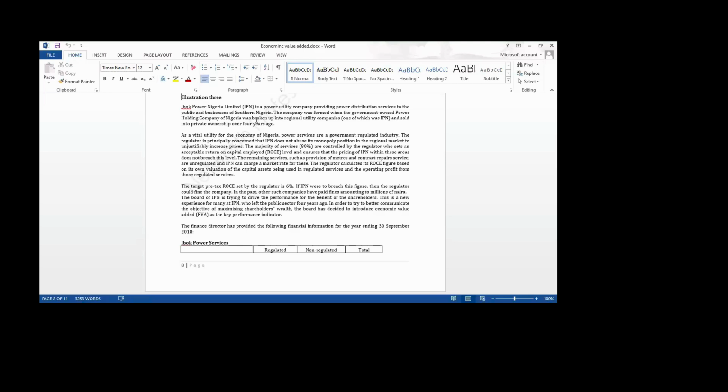The finance director has provided financial information for the year ending 30th September 2018.